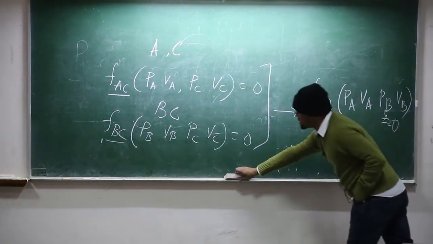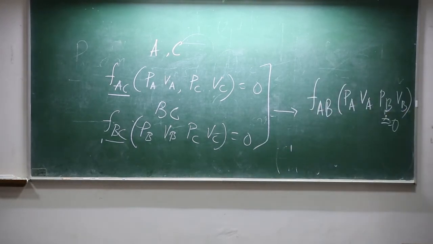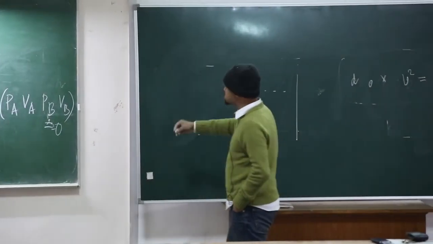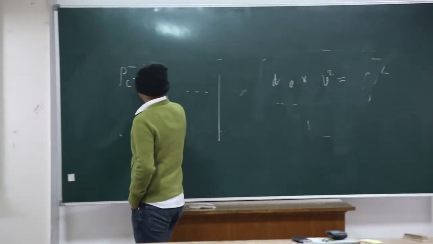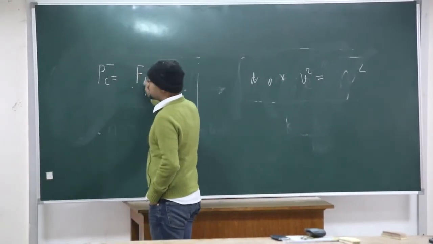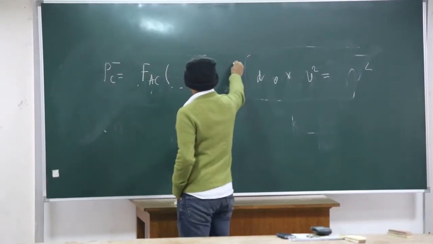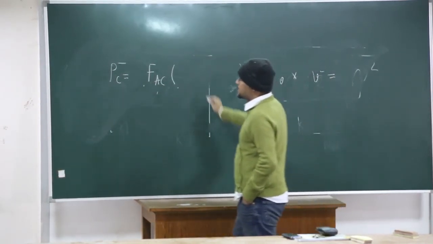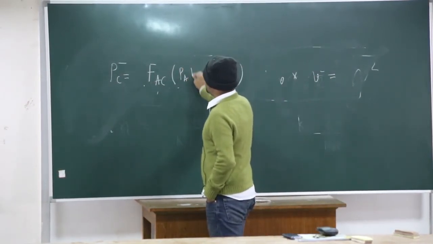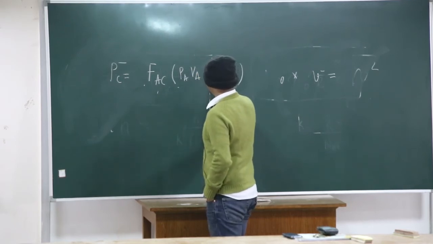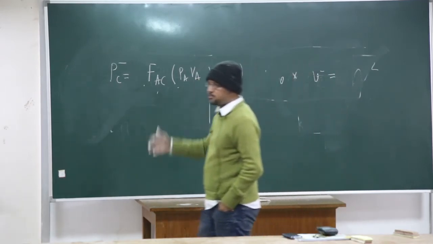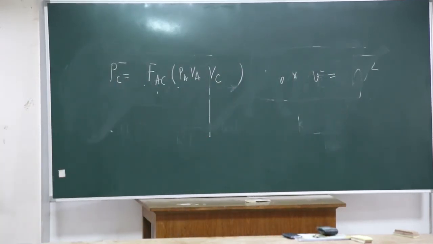FAC function of PA, VA, PC, VC equals 0 can also be written as PC equals some different function of AC. And what would remain on this right hand side now? It would be PA, VA, and VC. So I've just somehow inverted this, brought this PC to one side.